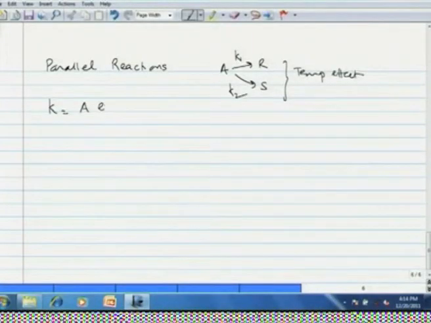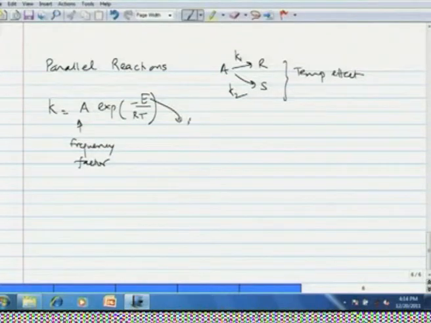Now, any rate constant can be written in this way, where A is the frequency factor, the Arrhenius equation, E is the activation energy, R is the gas constant and T is the temperature of the process.